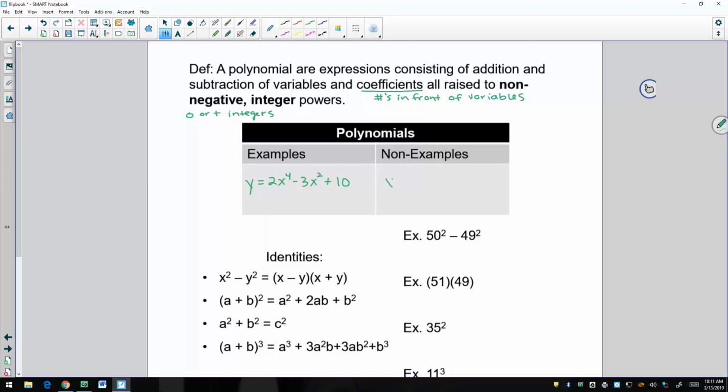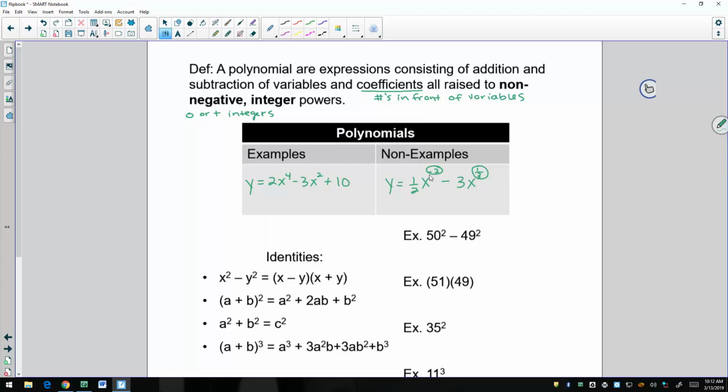Here's a non-example. Y equals 1/2 x to the negative 2nd minus 3x to the 1/3 power. So there's actually 2 things here that make this not a polynomial, and it's actually both exponents. This one is negative, and this one is not an integer. So both of those make it not a polynomial.